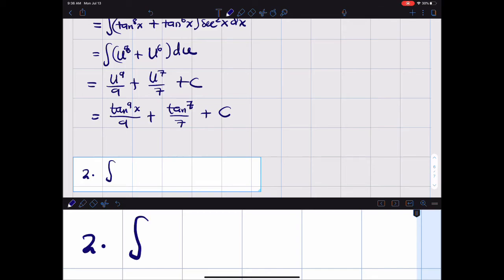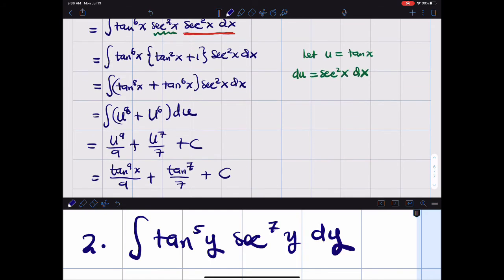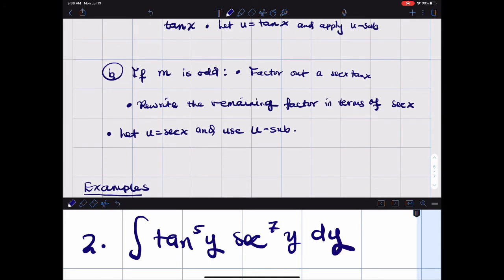How about the integral of tangent to the power of 5 of y, secant to the power of 7 of y dy. All right, so at least here both of them are odd, so that means we can use the case when m is odd, when the power of tangent is odd.